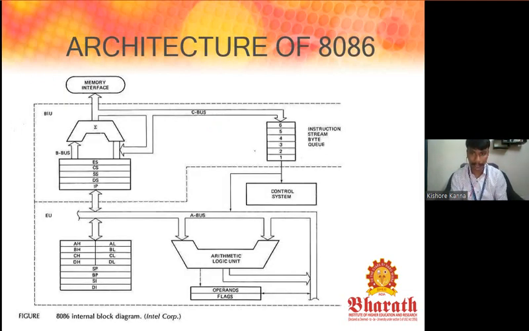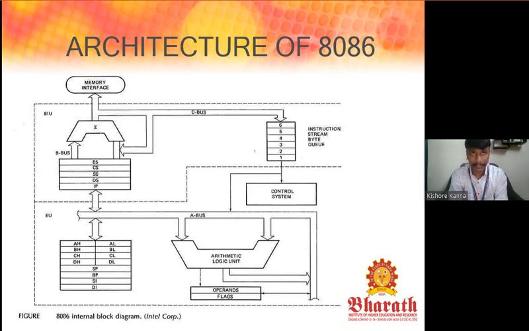and this is the internal architecture of 8086. We will consider this as the internal block diagram of 8086. Starting from the top, I will be explaining what components are located in the architecture of 8086. At the top you can see the memory interface.